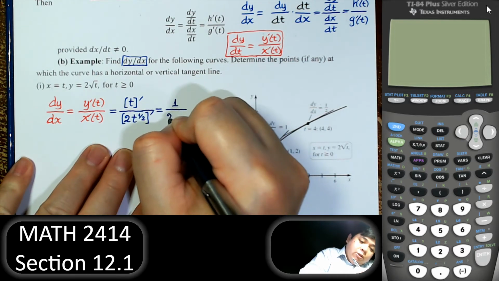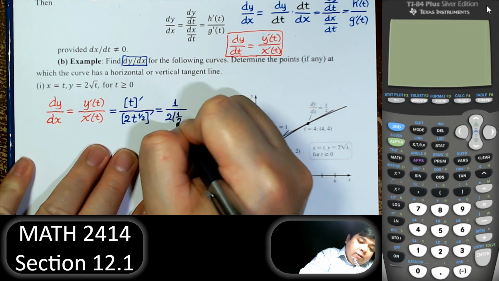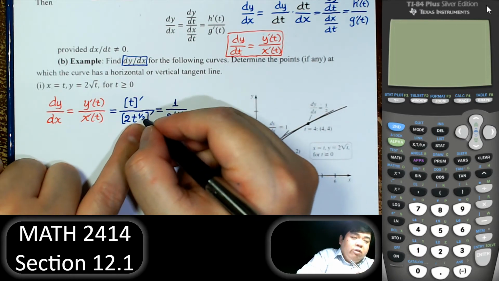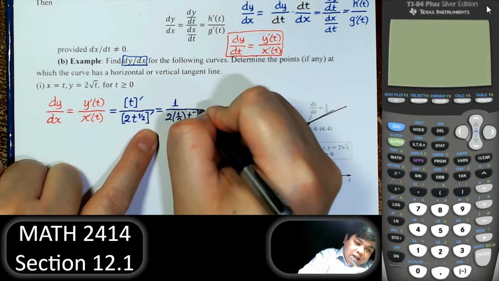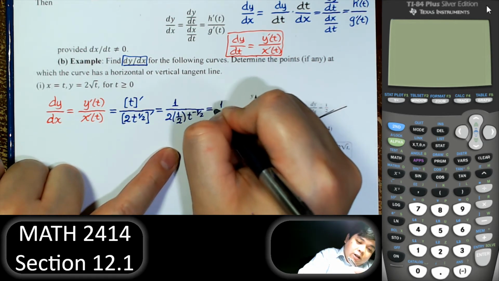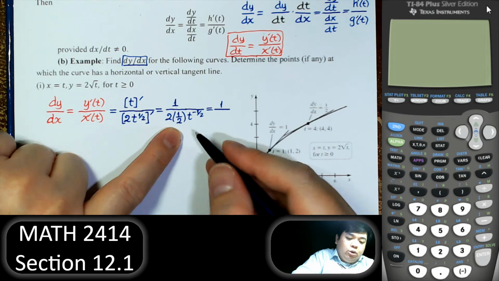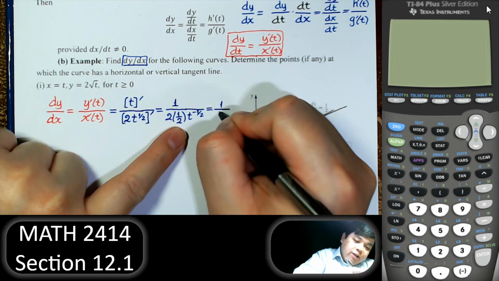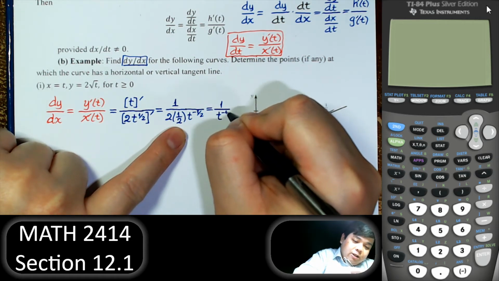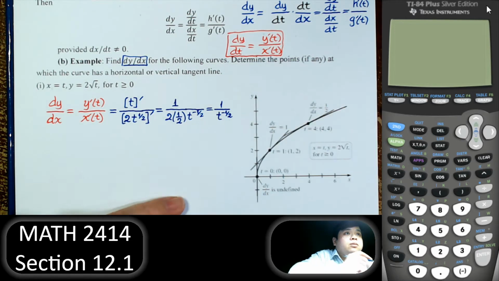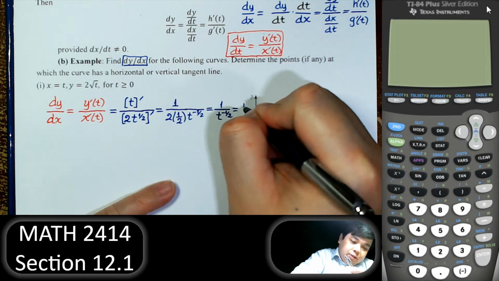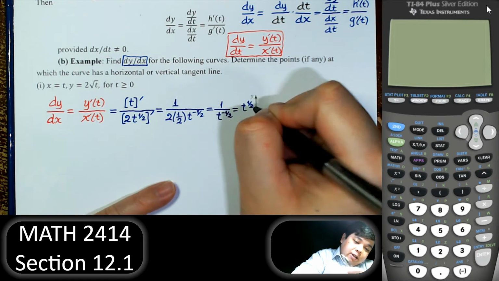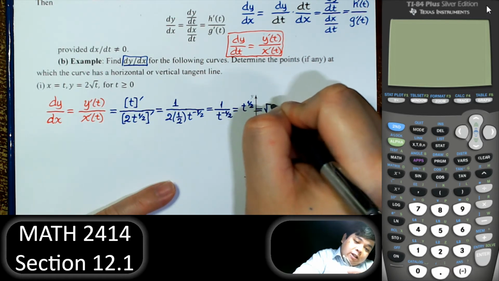Derivative of that, 2 times 1/2, and then t to the negative 1/2. This will be easy. So 1 over, the 2 and 2 cancel out, t to the negative 1/2. And then at the bottom we move that to the top, it becomes t to the 1/2, or just square root of t.